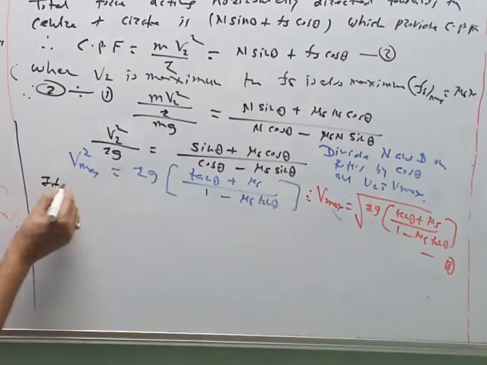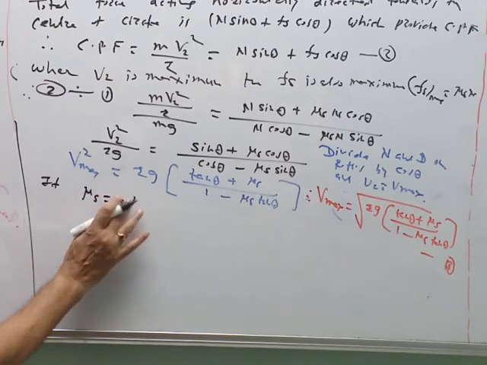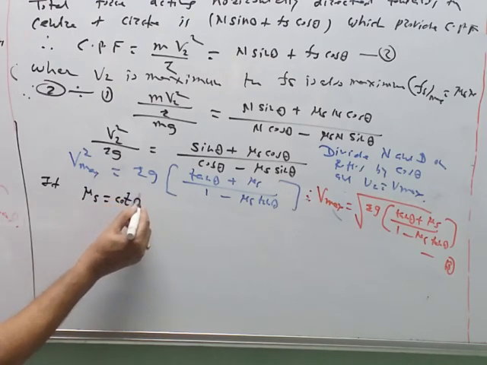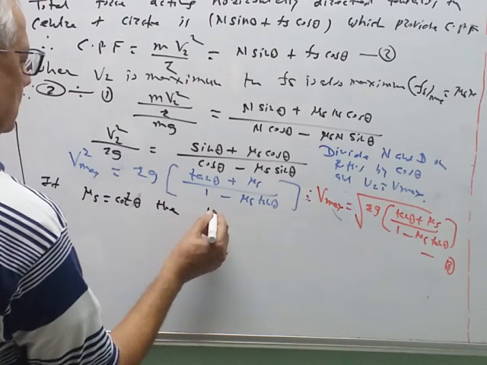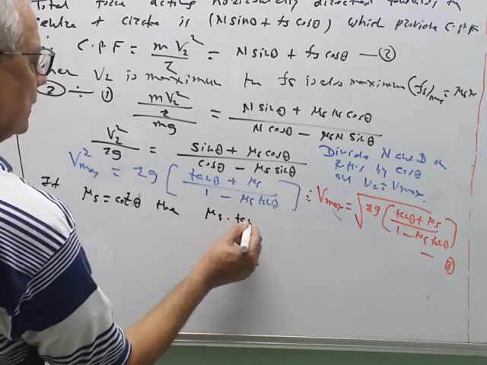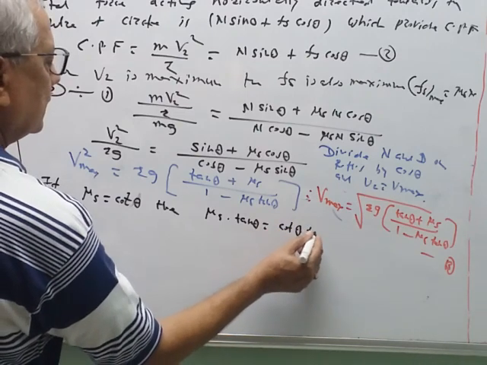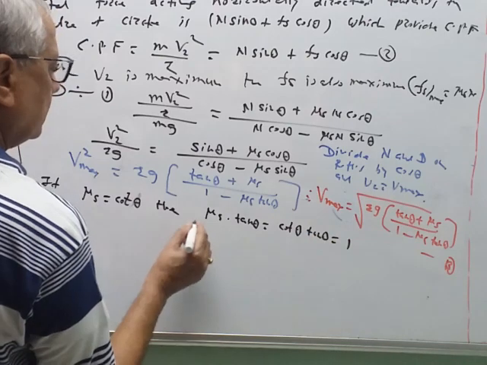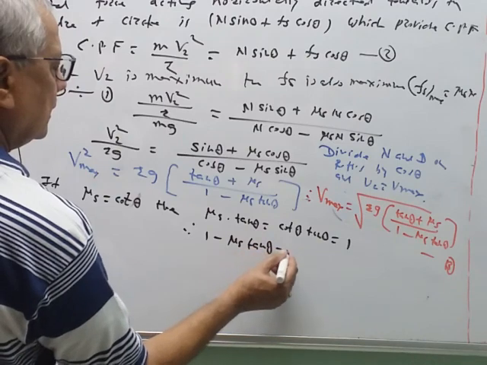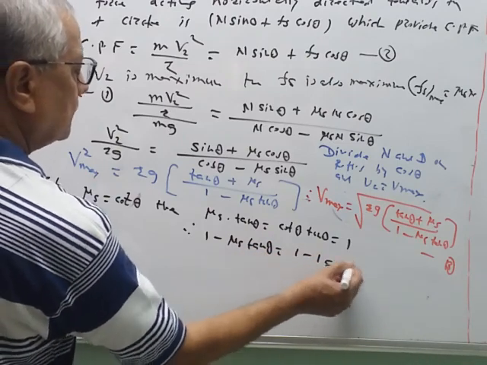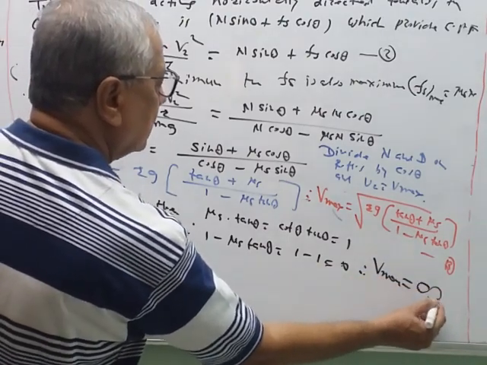If mu s is equal to cot theta, then mu s into tan theta is equal to cot theta into tan theta, which is equal to 1, and therefore 1 minus mu s tan theta is equal to 1 minus 1, which is equal to 0, and therefore V max is equal to infinity.